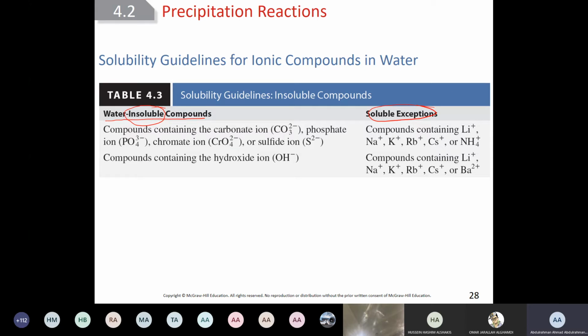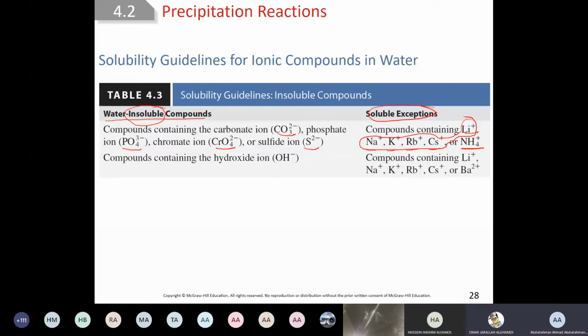Any compound that contains carbonate, phosphate, chromate or sulfide is insoluble in water. Exception: if we have lithium, sodium, potassium, rubidium, cesium. What are these elements? Alkali. What's this? Ammonium.